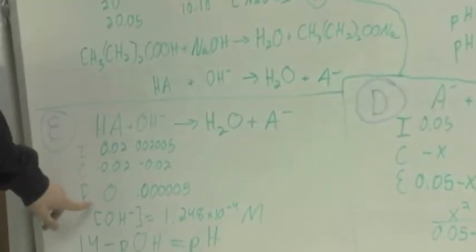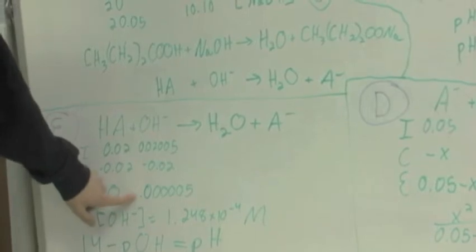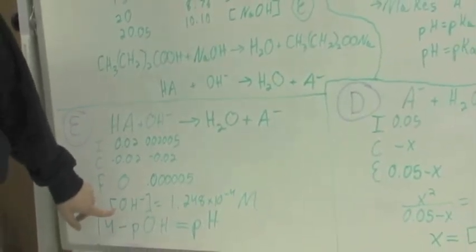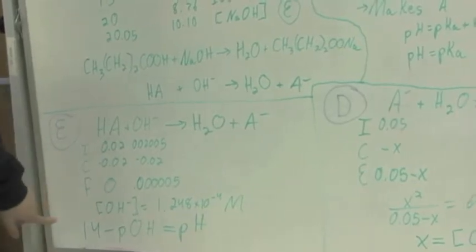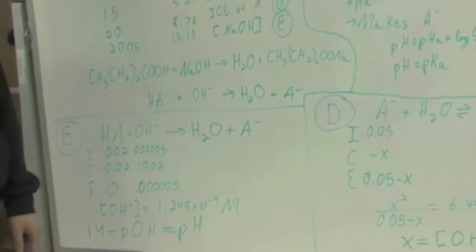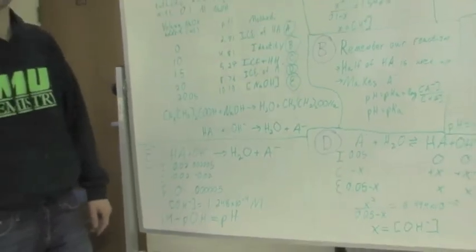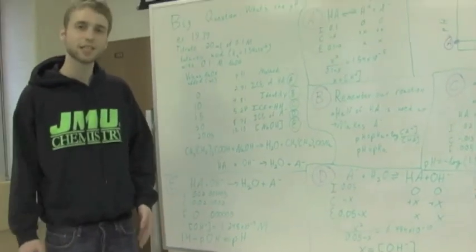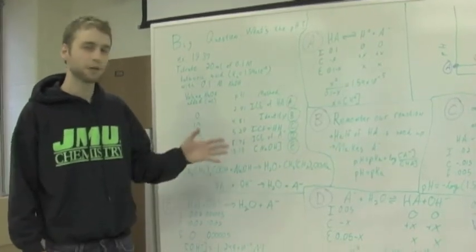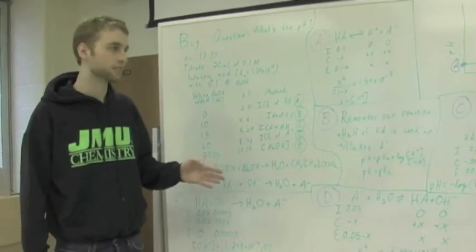And I've gone through here and solved for the concentration of OH minus. So then I can take the negative log of this number and use that to find the pOH, and of course 14 minus pOH is pH. Okay, so that's all I have to say for now on buffers. There's a lot of stuff here. Remember the shortcuts, and you can always save yourself some time.